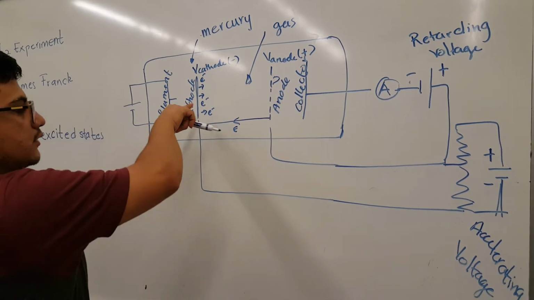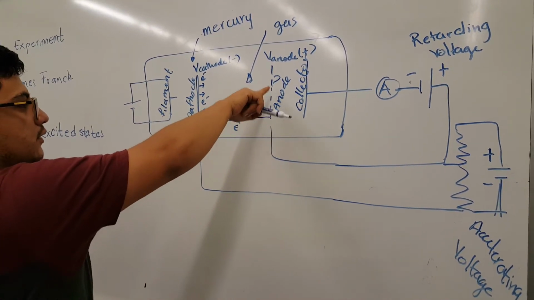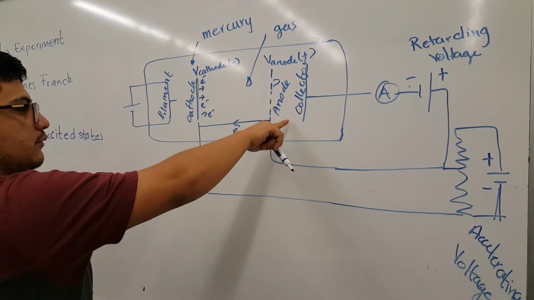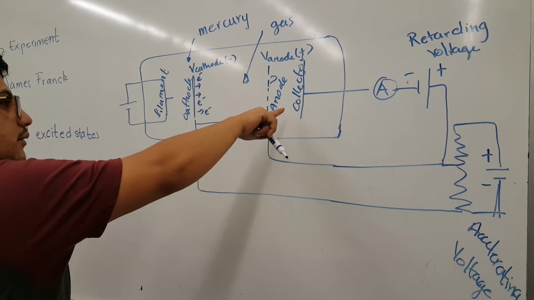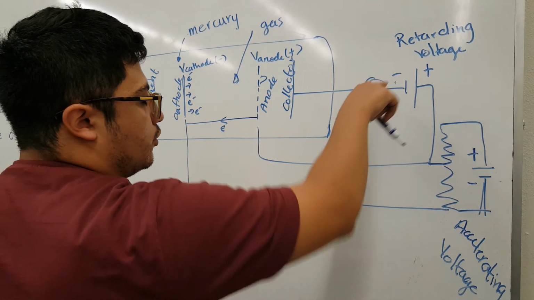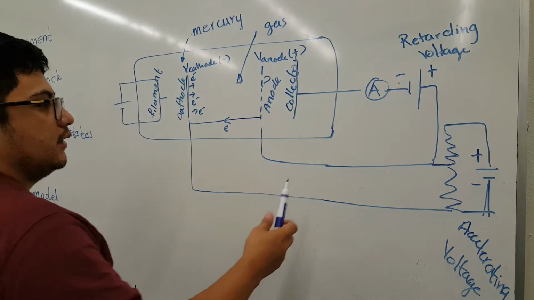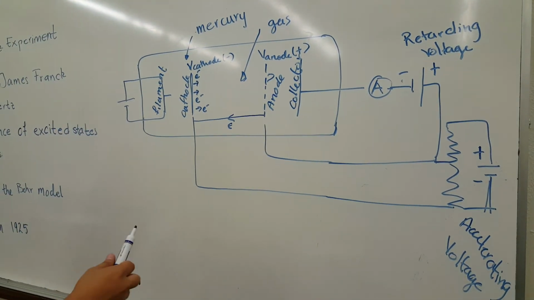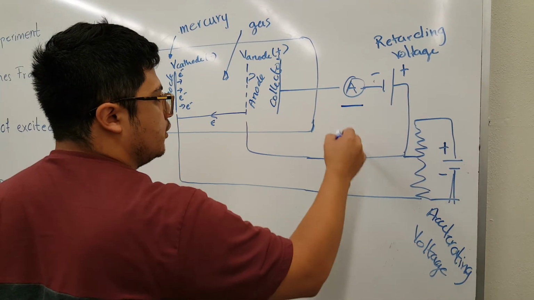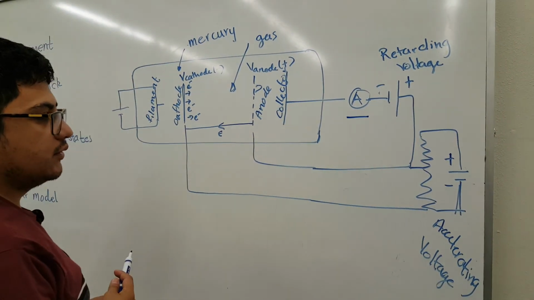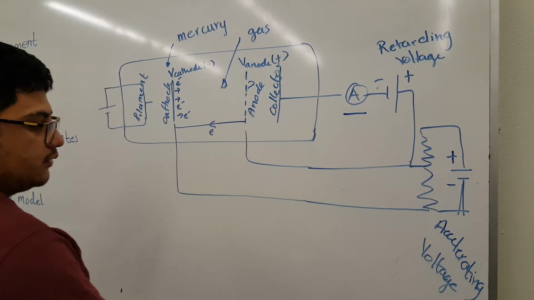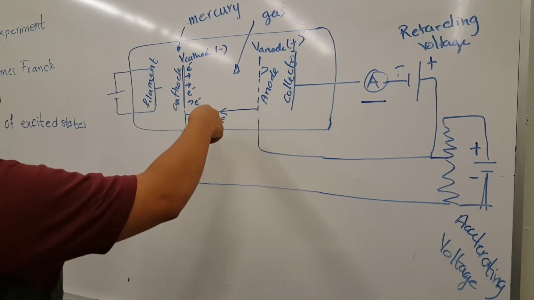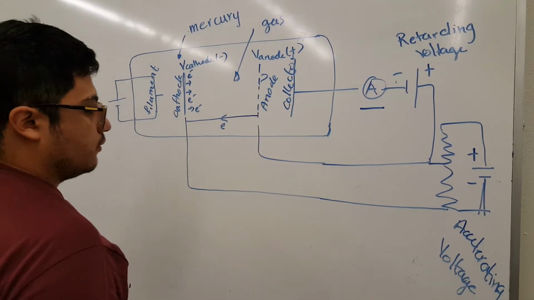So they're accelerated, they pass through these anodes, and if they have enough energy after they're accelerated, they will arrive at this collector plate where they produce a current. It produces a current with this ammeter, and it's read out as a retarding voltage. So depending on the accelerating voltage, these electrons can either make it or not to the collector plate.